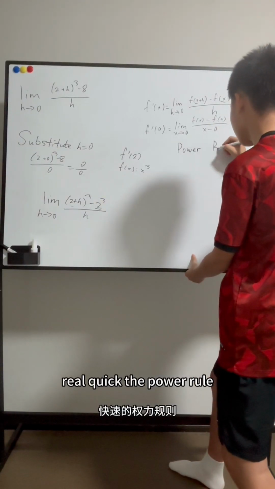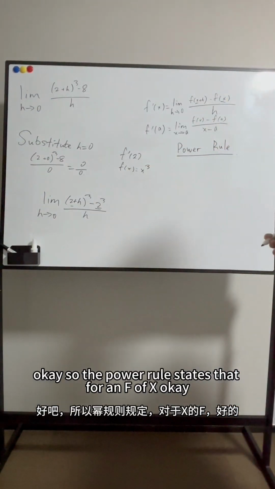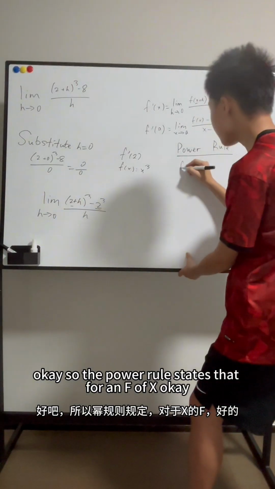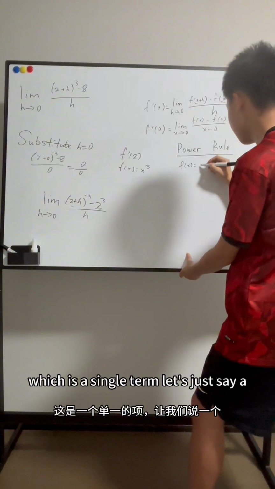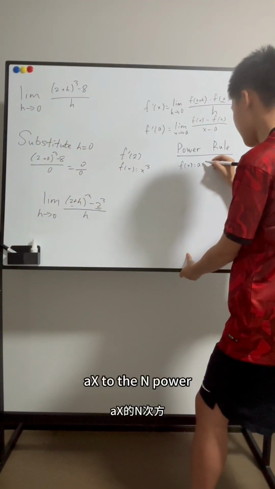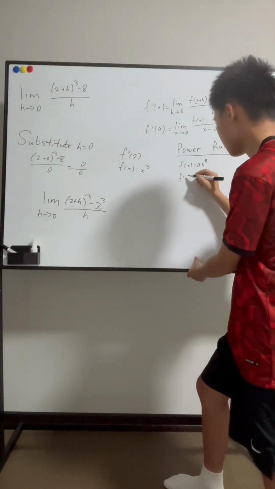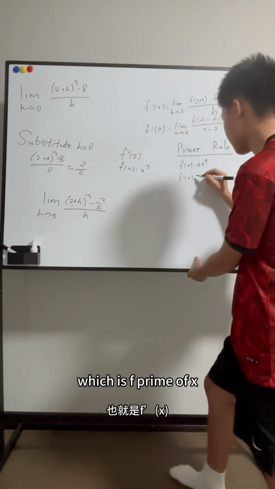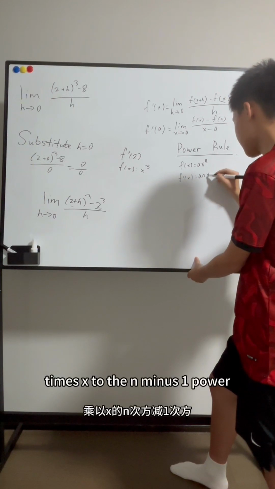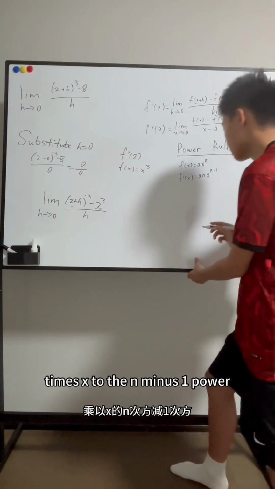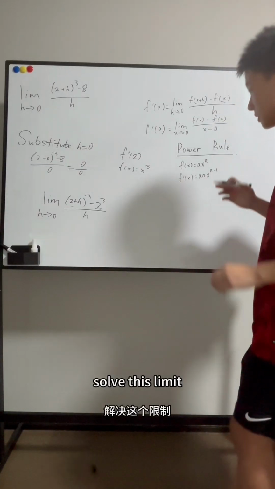The power rule states that for an f of x which is a single term, let's say a x to the nth power, the derivative f prime of x is equal to a n times x to the n minus 1 power. This is really important, and this is going to help us solve this limit.